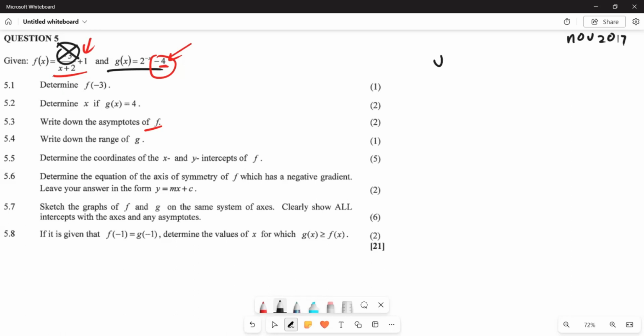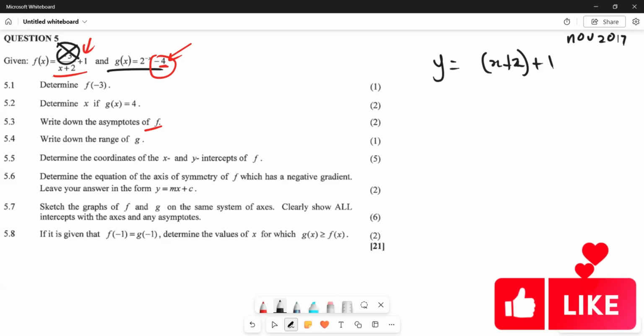So your y here is going to be the same as x plus 2, then plus 1. This is the same as x plus 2 and plus 1. But now, what are you already having here? They said this is supposed to be the one with a negative gradient, right?